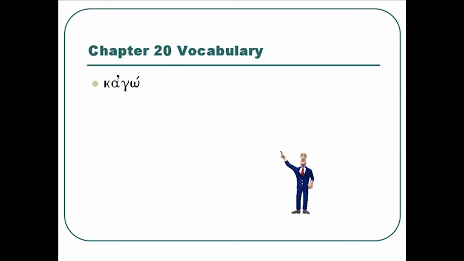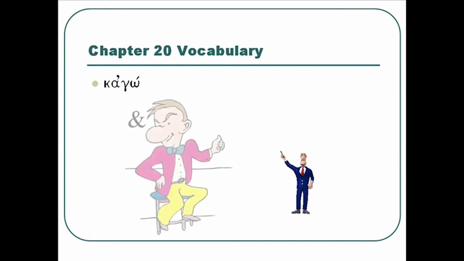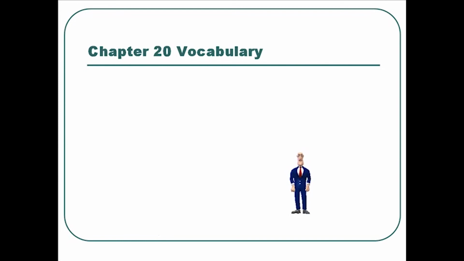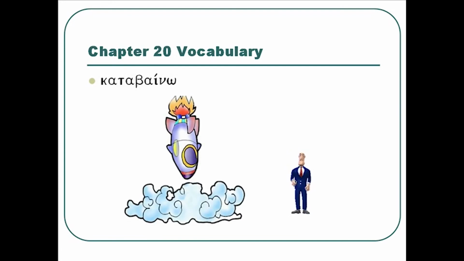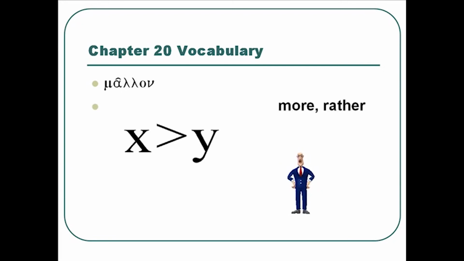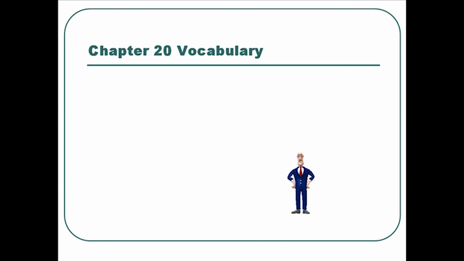The fifth word is kago, and it means and I, or but I. The sixth word is katabino, and it means I go down. The seventh word is malon, and it means more or rather.